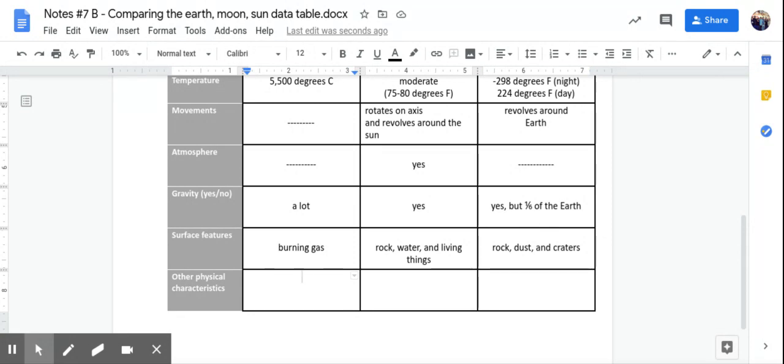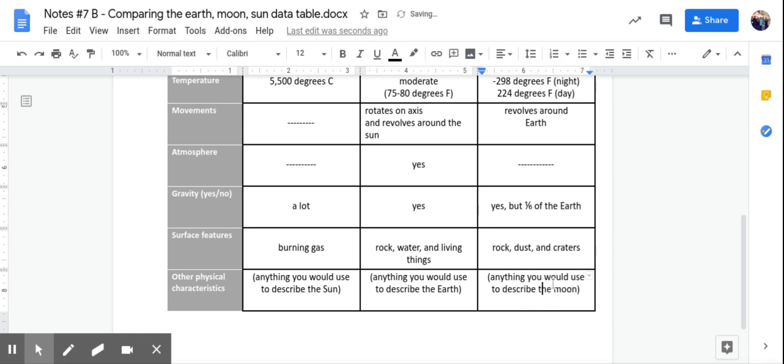Now, for other physical characteristics, this is just anything you would use to describe the sun. And then for the other two, this is anything you would use to describe the Earth. That's what a physical characteristic is. And then anything you would use to describe the moon.